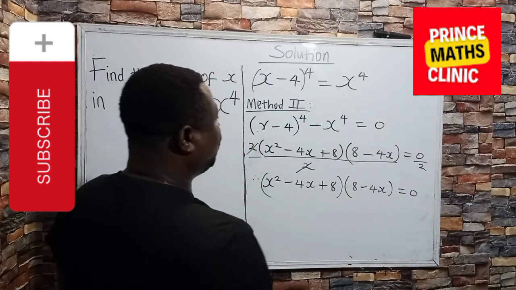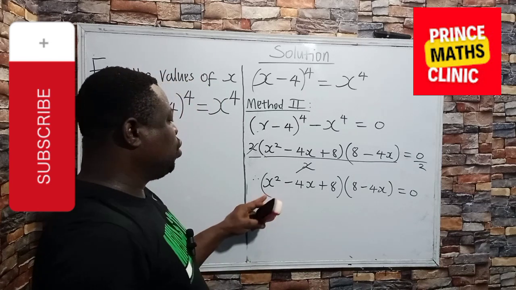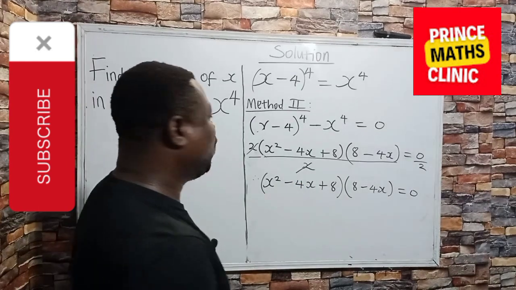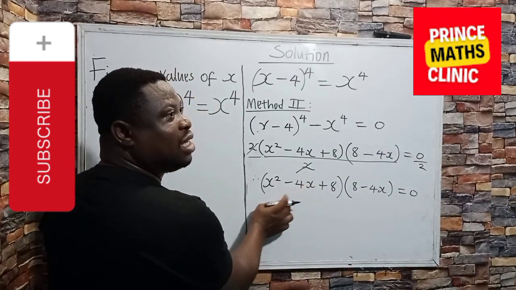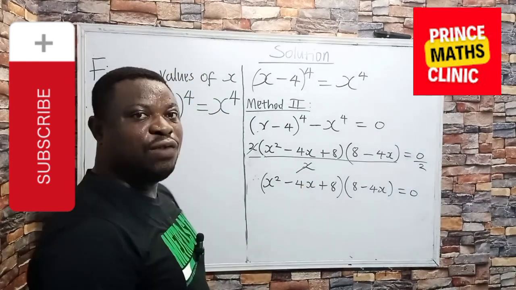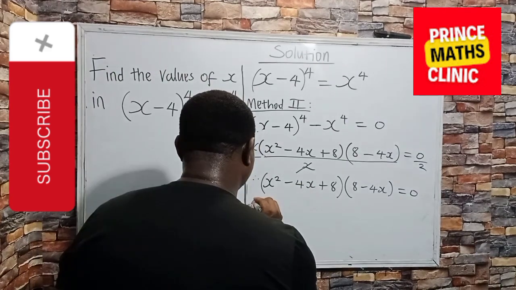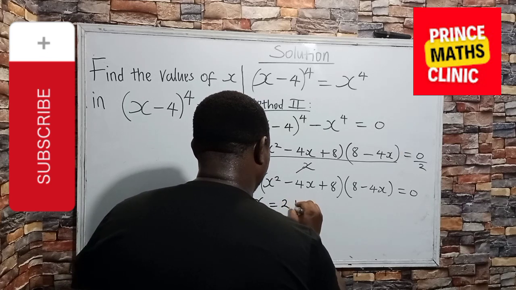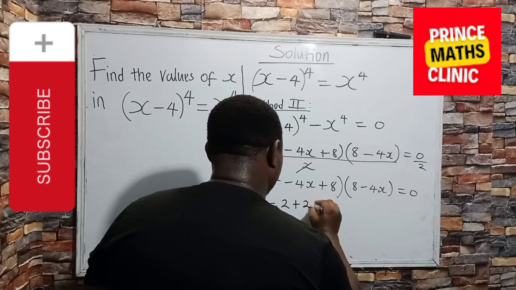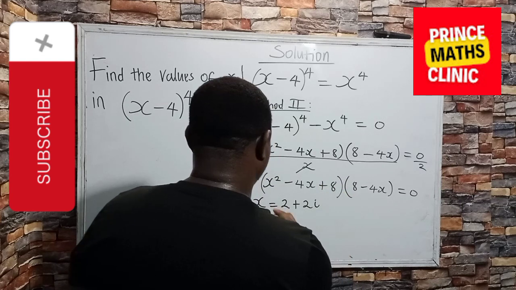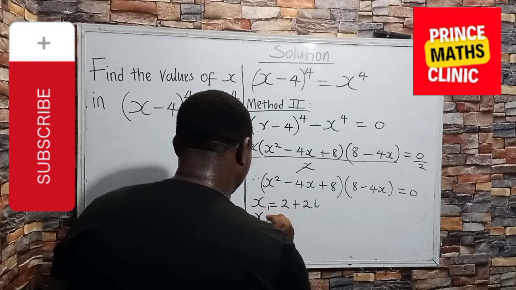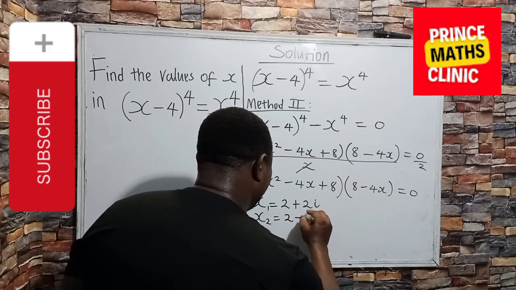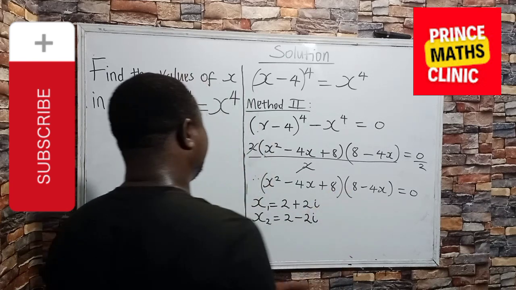Of course, as in the first method, we use the zero product rule. That's what we're also going to use here. We found out that the values for x in this quadratic equation did not give us real numbers. We found our x was 2 plus 2 iota, which is x1, and 2 minus 2 iota, which is x2.